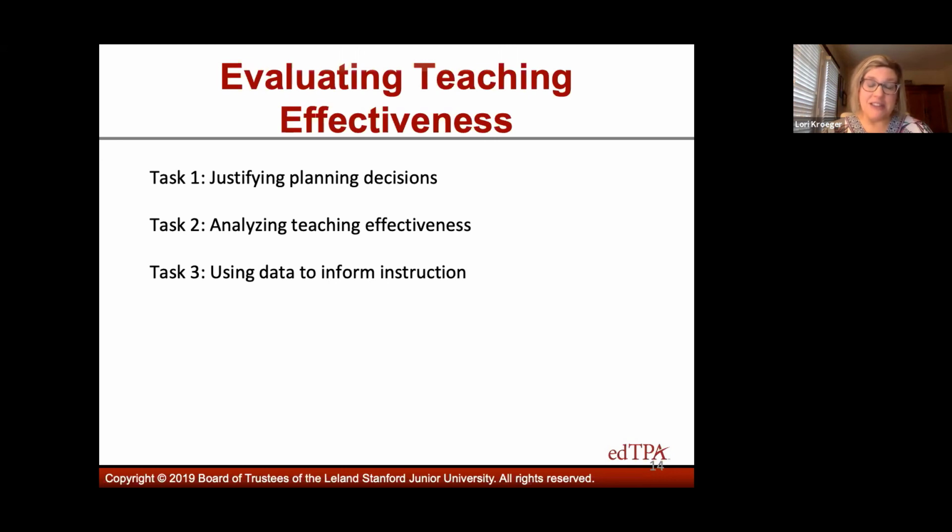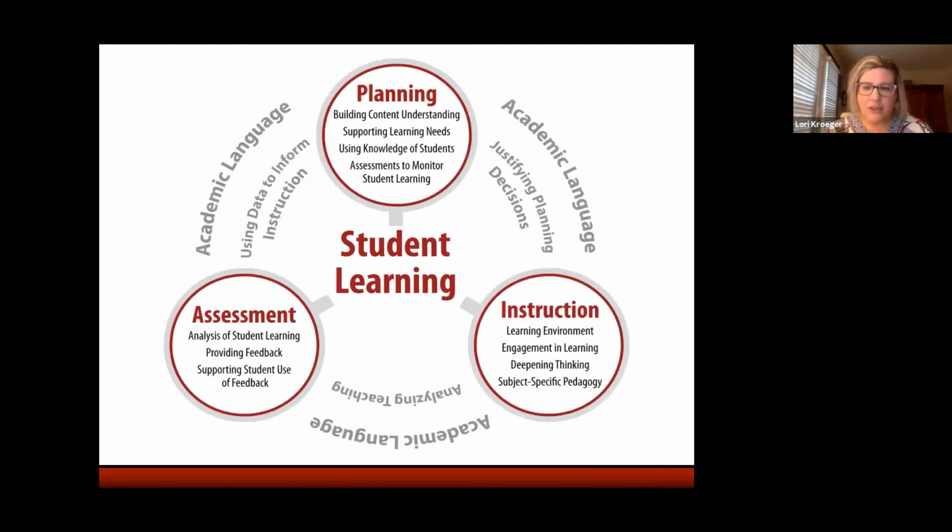Now they've completed their instruction, and they're asked to analyze that effectiveness. And then in task 3, they are providing evidence of the ways that they use data to inform their next steps of instruction. Everything we've talked about on this screen does align with the components of teaching effectiveness that California has established as well.